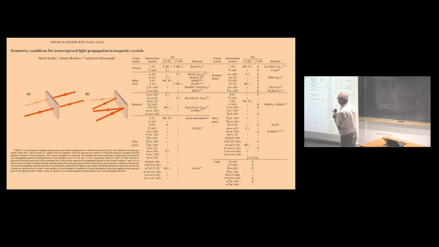In this paper, you can find all the different magnetic structures where electromagnons or non-reciprocal light propagation can be observed. Here is the literature on compounds, so if you are interested, you can have a look at this paper.